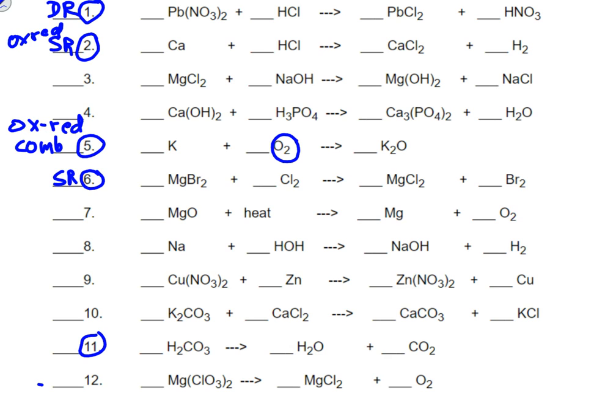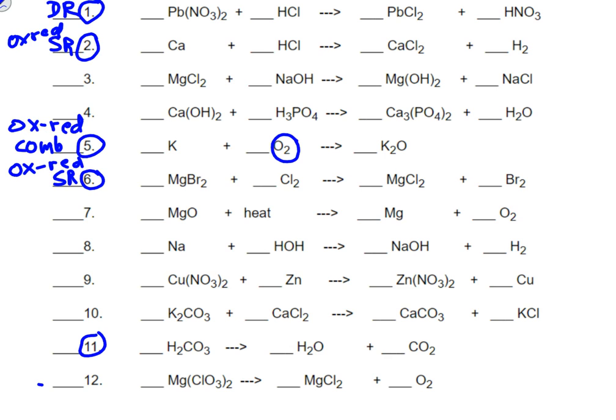So you have elements on both sides. That tells you right away that you have oxred. If you see an element on one side and he's together with something else on the other side, you got oxred. You don't even need to think about it. That is oxred. Definitely. And it is definitely a single replacement.